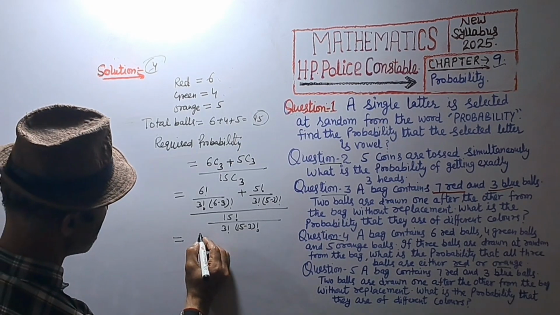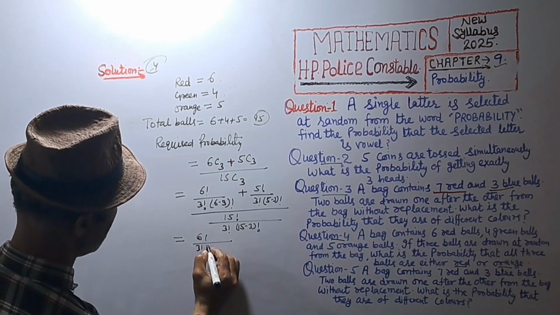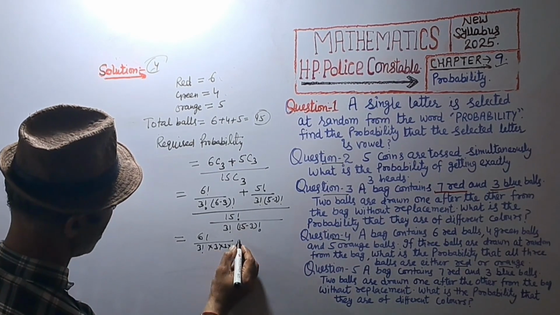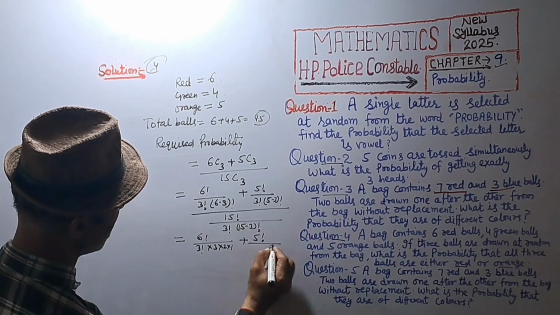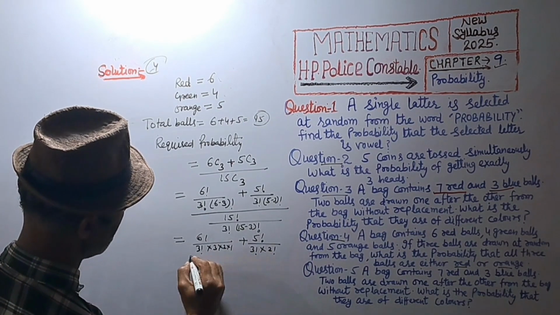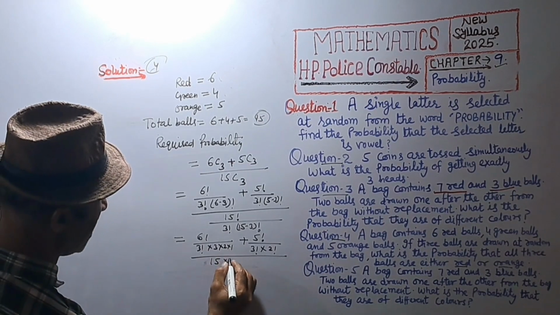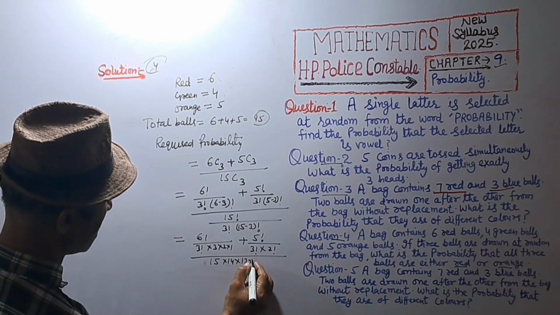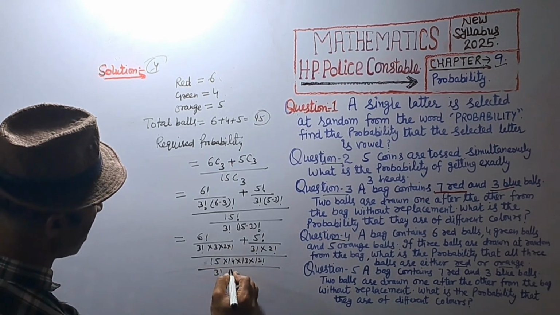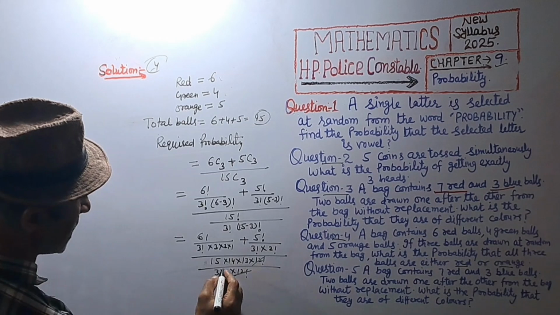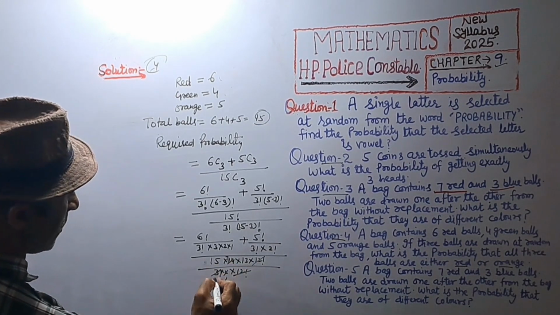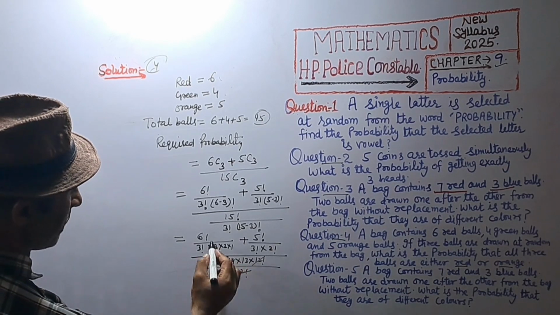is equal to 6 factorial upon 3 factorial into 3 factorial, that is 3 into 2 into 1, plus 5 factorial upon 3 factorial into 2 factorial, divided by 15 into 14 into 13 into 12 factorial upon 3 factorial into 12 factorial, which is cancelled. 3 into 2. 2 1s are 2, 2 7s are 14, 3 1s are 3, 3 5s are 15.